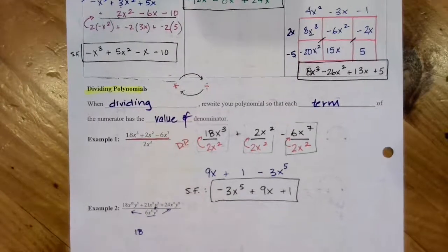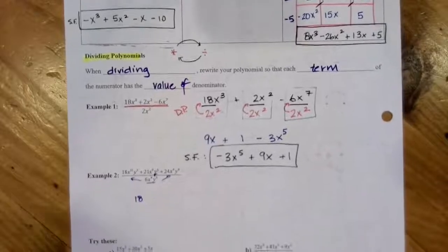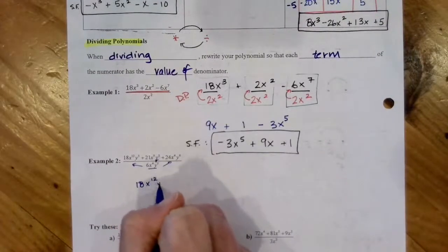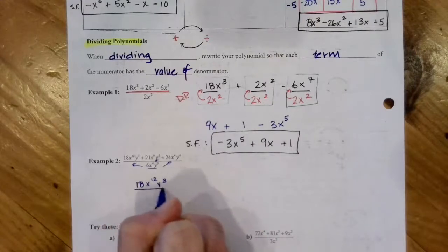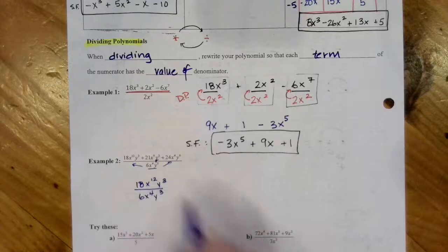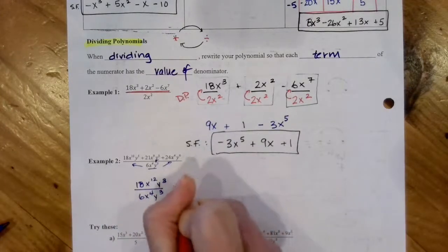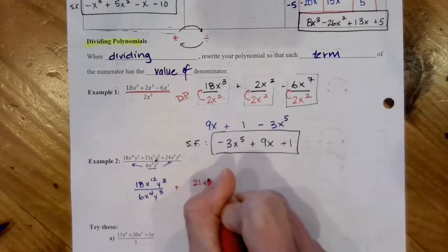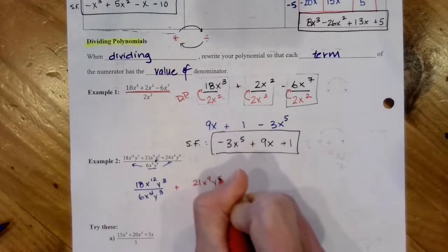So if I have 18x to the 12th, y to the 3rd, that 6x to the 4th, y to the 3rd is distributed to that first term. My second term is 21x to the 9th, y to the 5th.